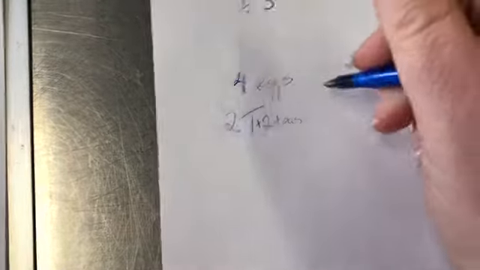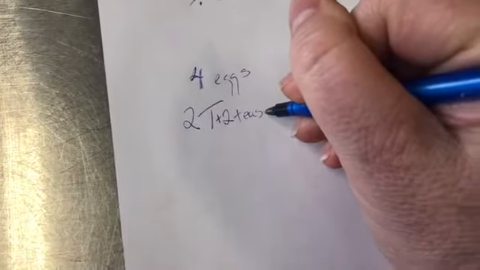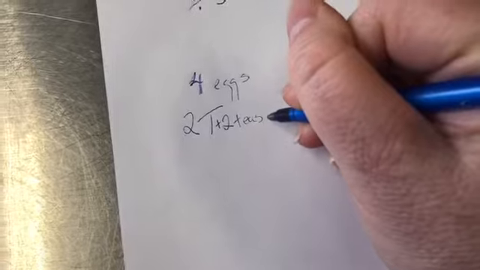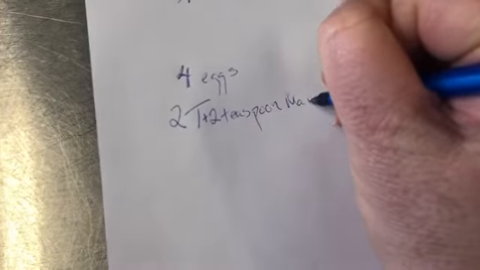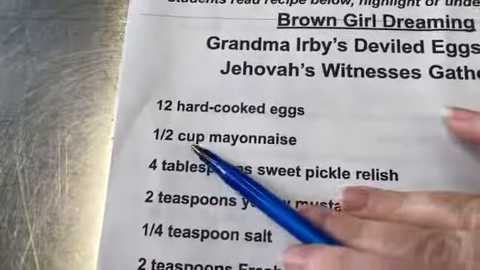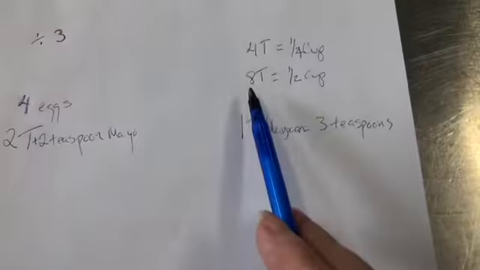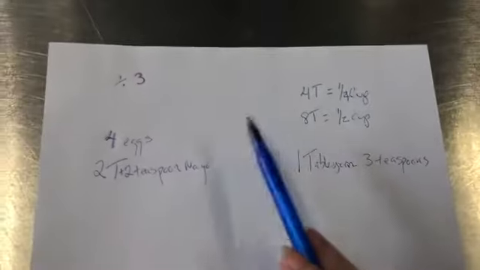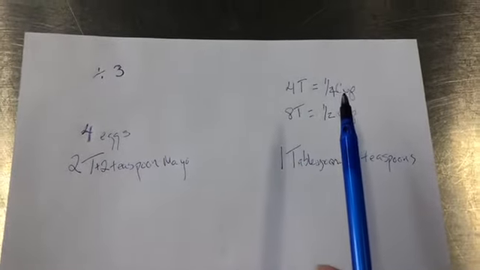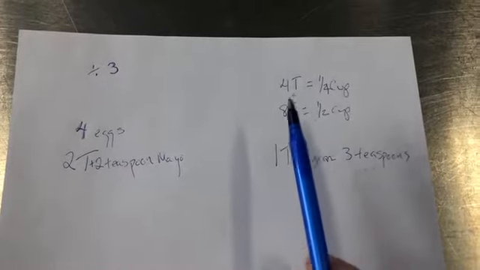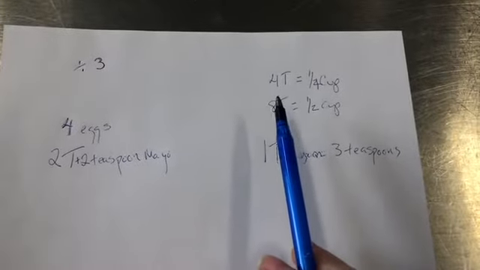Large T is the symbol for tablespoon. Lowercase t is for teaspoon. Mayo. All right, now, so that was a little difficult. First what we did was we converted the half cup into tablespoons. That equals 8. We divided 8 by 3, which is 2.66, or 2 2/3.